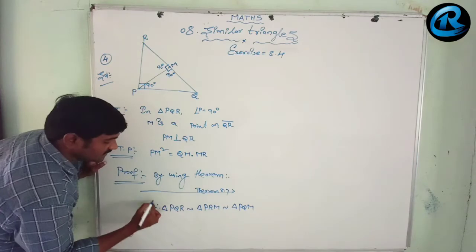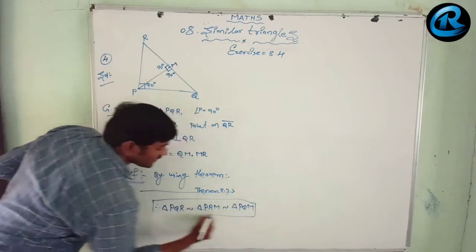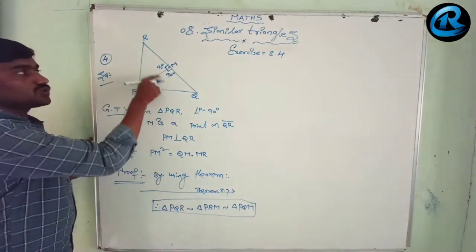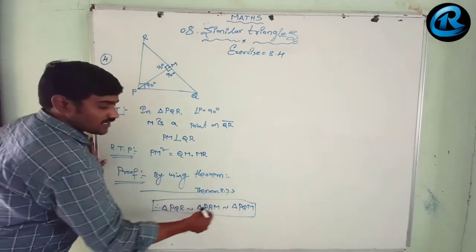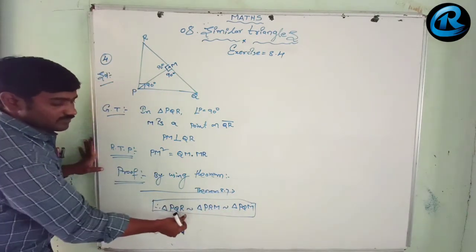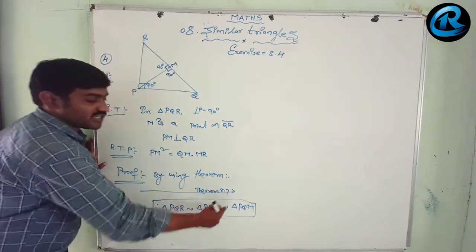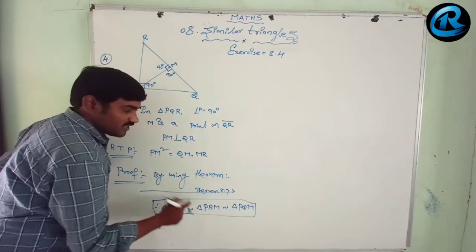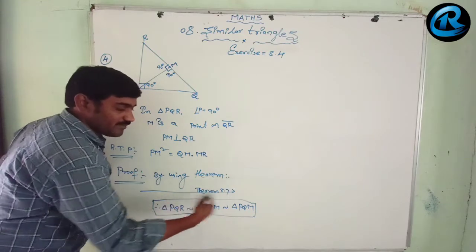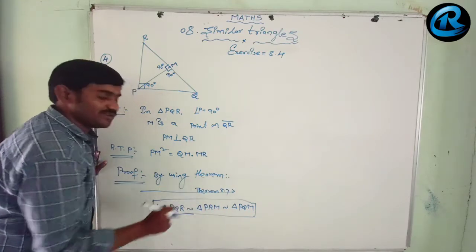From this, what did you understand? The theorem tells the same thing. These two triangles are similar to each other and similar to the whole triangle also. If you write the theorem, then only is there a meaning for this. So you have to write the theorem completely.